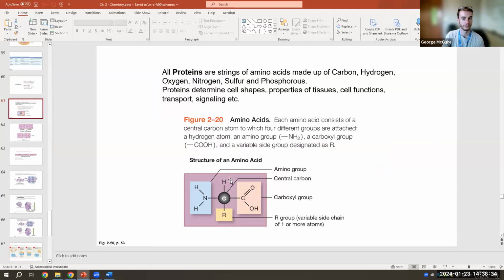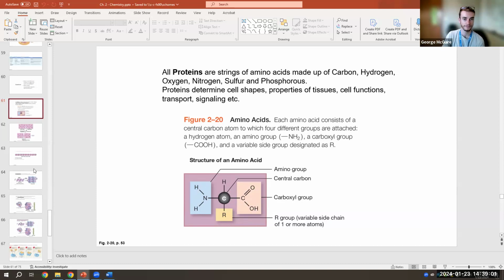One bond is going to have oxygen. One bond is that carboxyl group. The other bond is the amino group or amine group, which gives this molecule its name, the amino acid. And then the last bond is going to be what changes between the 20 amino acids that we utilize in our bodies. So that last bond is referred to as the R group because it varies between amino acids.